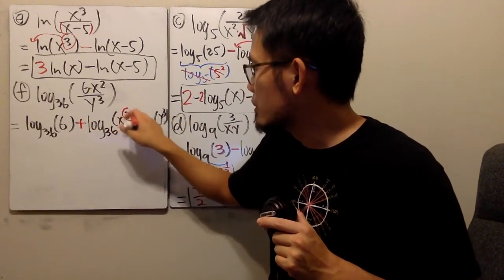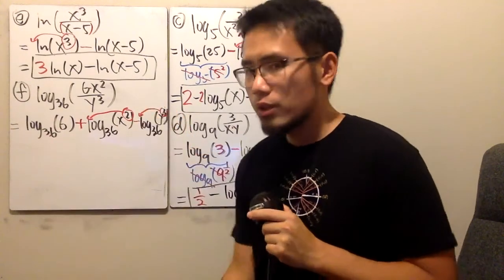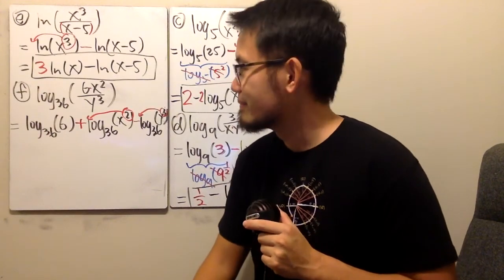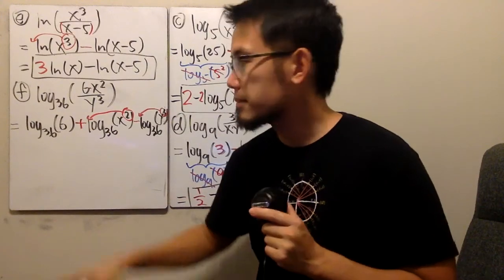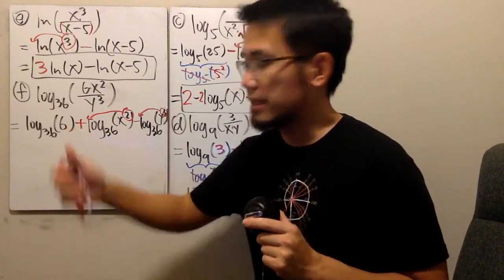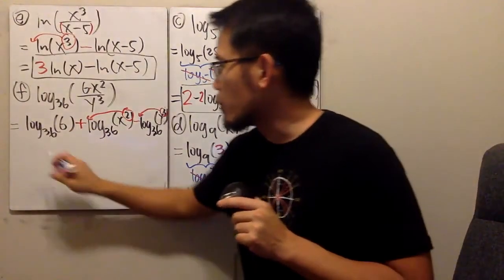Okay, finally, we'll just bring this to the front and also bring this to the front. And also, can I figure that out? I think so. What can we do? Well, something similar to this right here, because the connection is that 36, if we take the square root of that, we get 6. Therefore, let me put this down right here for you guys.